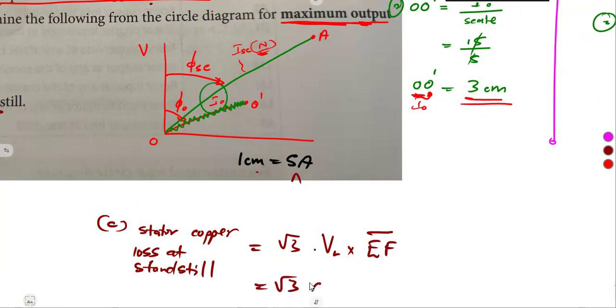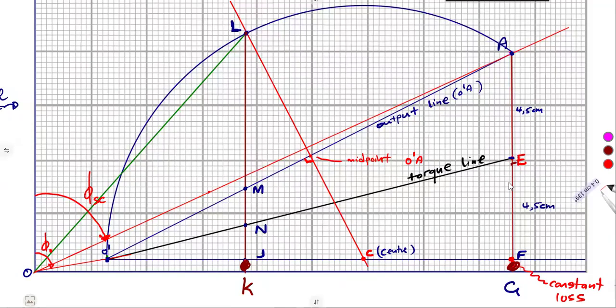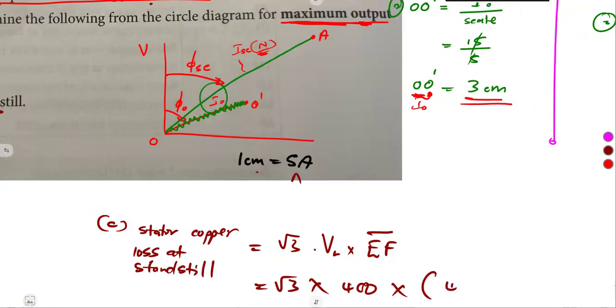So that's square root of 3 times 400 times vector EF. According to the measure, you measure EF, how many centimeters there? Remember we said 4.5 as we measured before. So that was 4.5 centimeters. But we need the exact value. Each centimeter is 5 amps, so multiply by the scale, 5 amps.